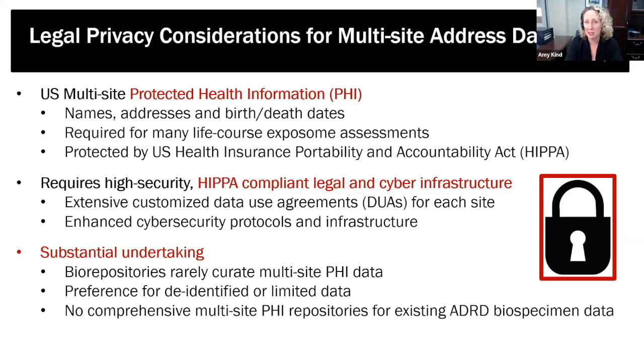But we have been successfully able to get those in place, and all of our sites with brain banks have now transmitted their names and address data for their decedents. We also need to have HIPAA compliant, very high level cyber infrastructure to ensure security of these data.